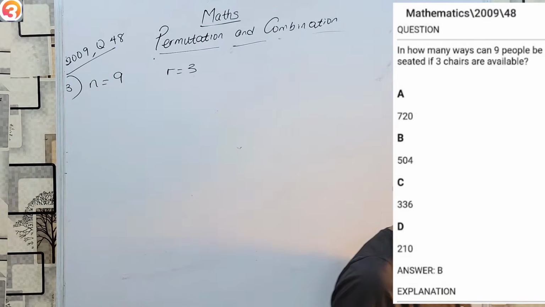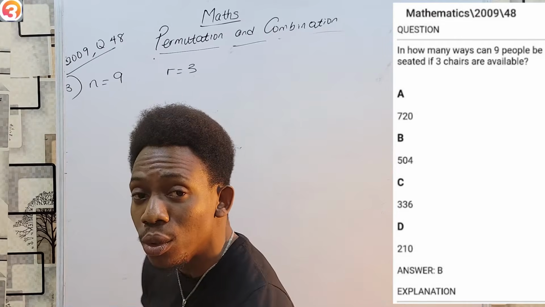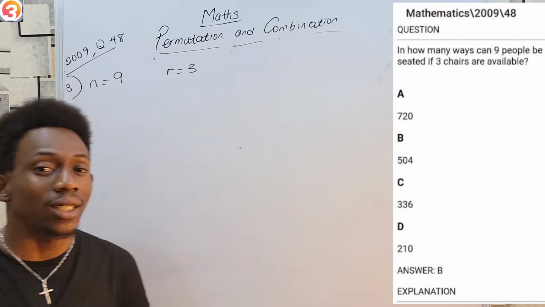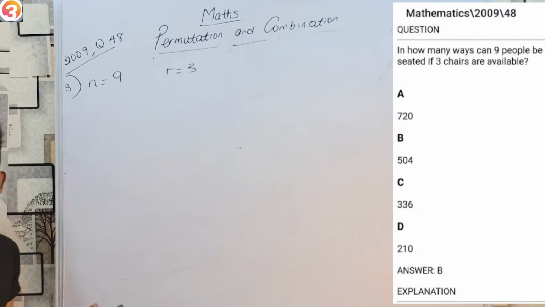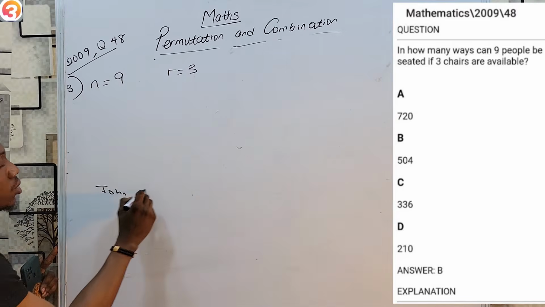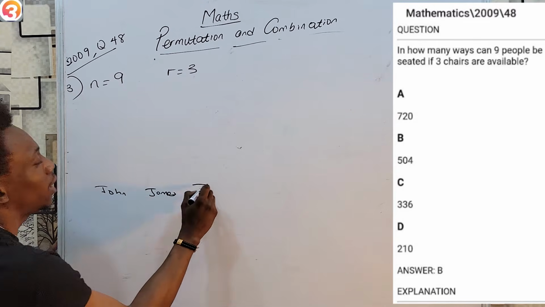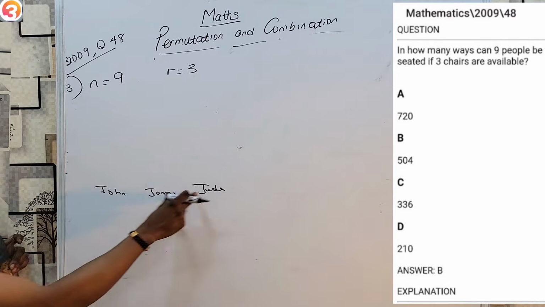The next thing you then ask yourself is, is this permutation or combination? How do we know? Does the order matter? If we are sitting 3 people down and their names are, let's just say, John, James, and Jude, this is one way they could sit down, John first, then James and Jude.